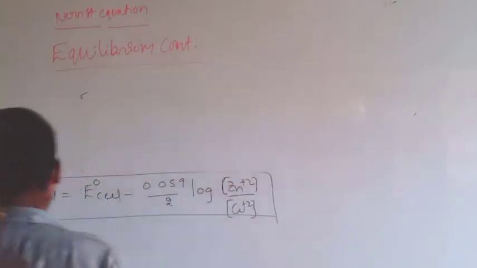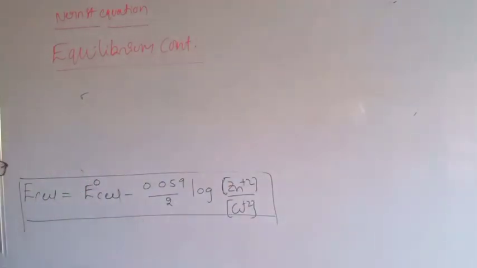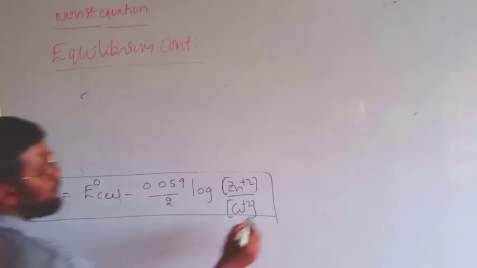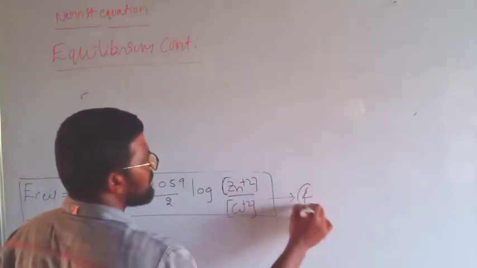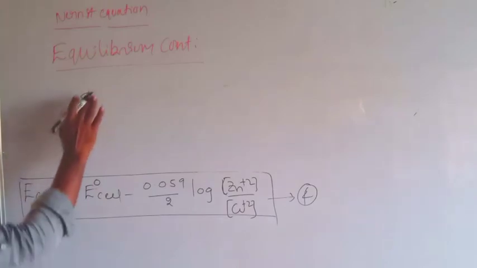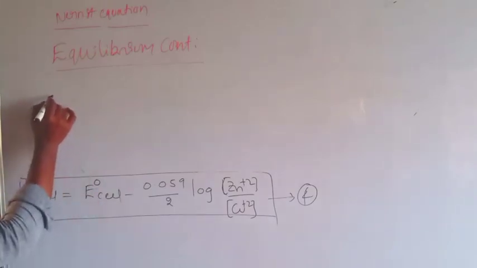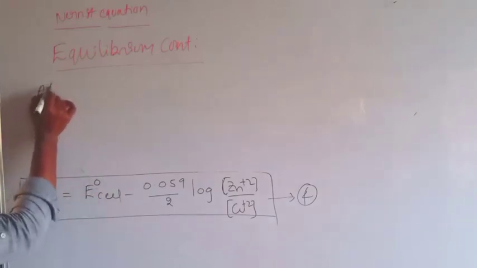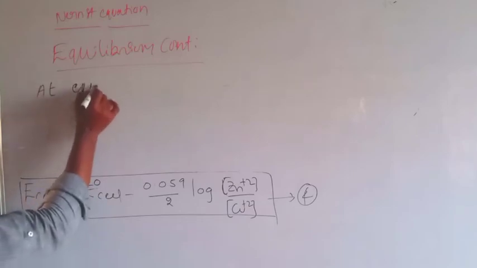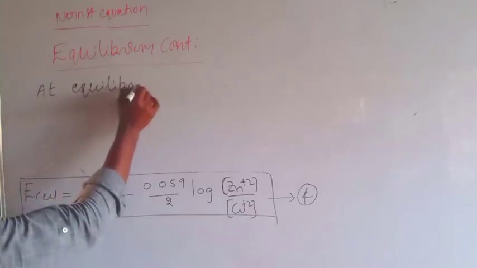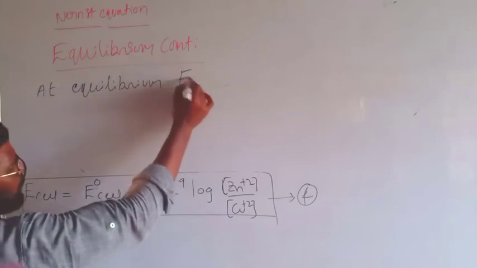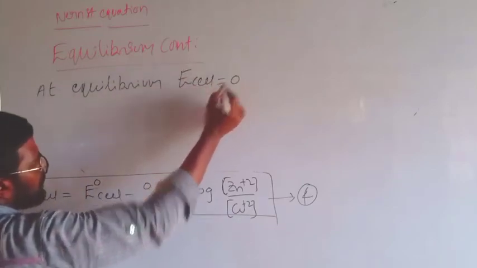If we apply that condition to this equation, let it be equation number 4, then at equilibrium the cell potential E cell becomes equal to 0.